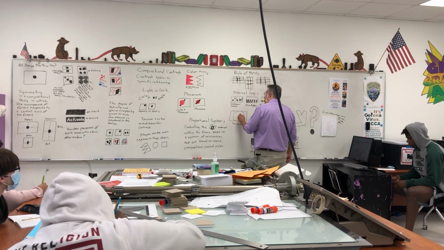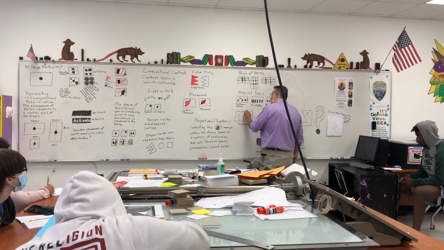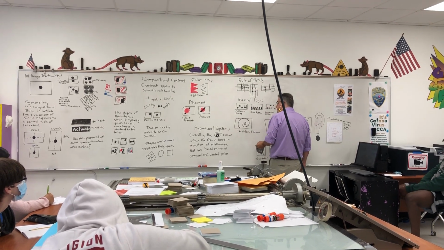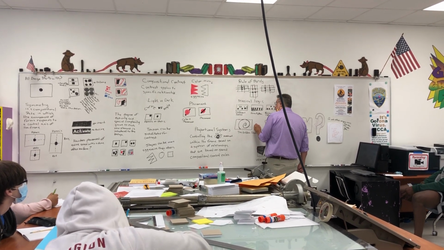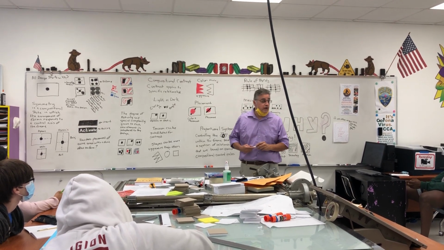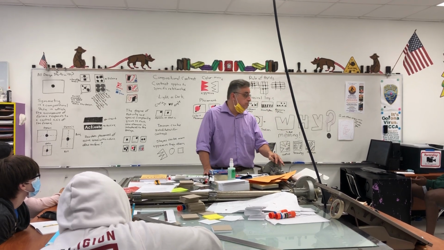And then there's the golden ratio. We'll get into that in a little bit more detail, maybe later on or in your advanced class. And if you don't know about Fibonacci numbers and the golden ratio, then you don't know nothing about the human body.